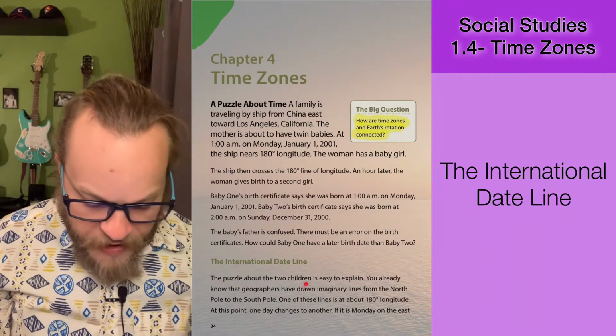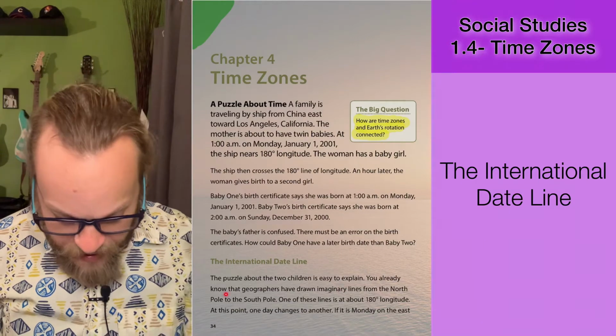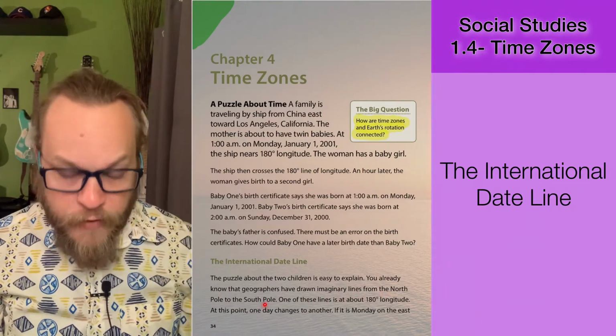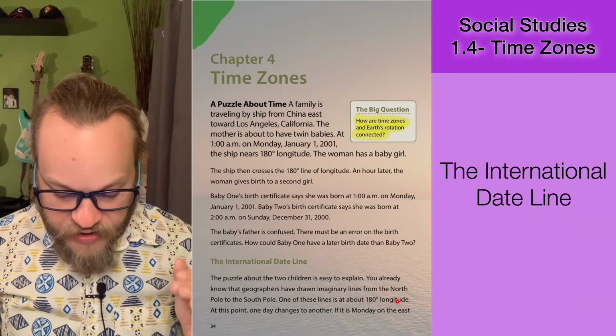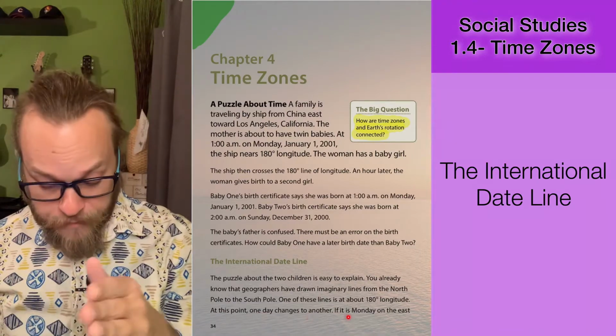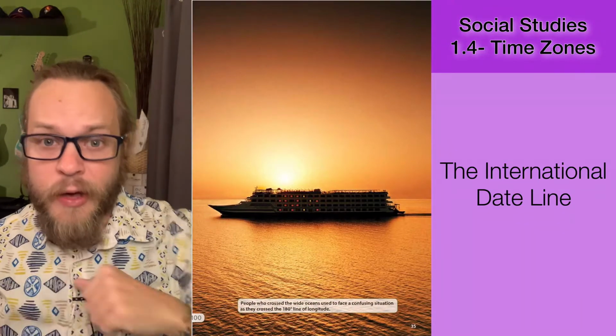The puzzle about the two children is easy to explain, relatively. You already know that geographers have drawn imaginary lines from the North Pole to the South Pole, or lines of longitude. One of these lines is at the 180-degree longitude. At this point, one day changes to another. If it is Monday on the east, it is still Sunday on the west.